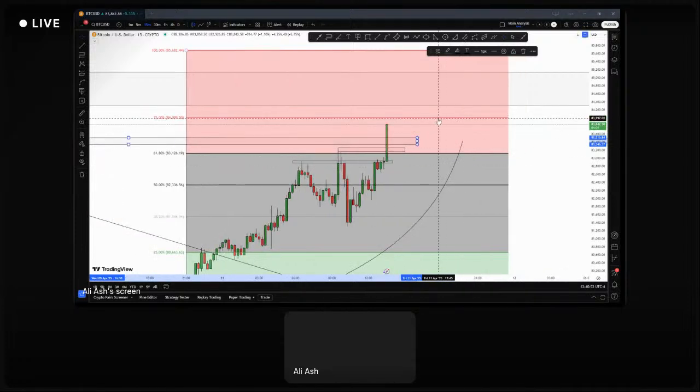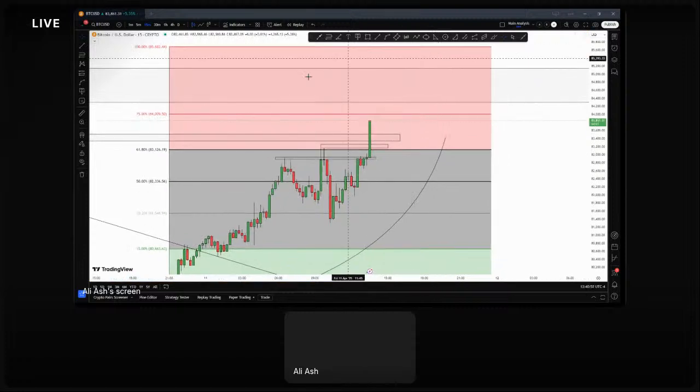Almost at the resistance level. So you can TP here. So we had a nice trade, I guess.